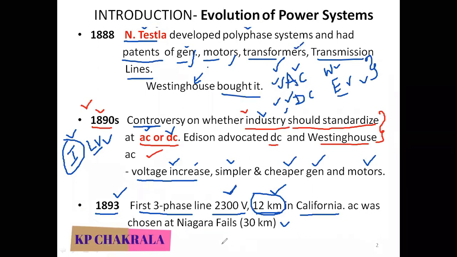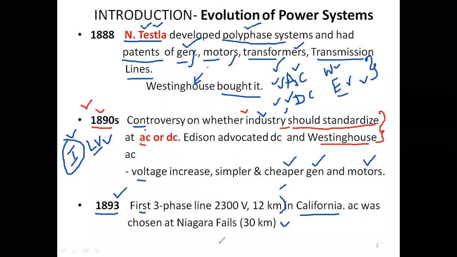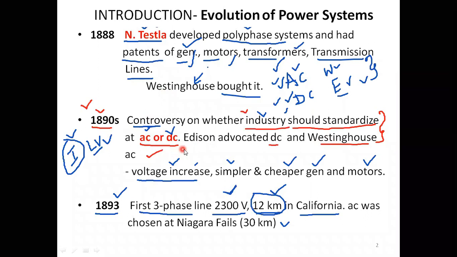In 1888, polyphase systems were developed. Polyphase generators and motors were there, and all the patents were bought by Westinghouse. In the 1890s, there was a controversy whether industry should standardize on AC or DC, and Edison advocated DC and Westinghouse AC.